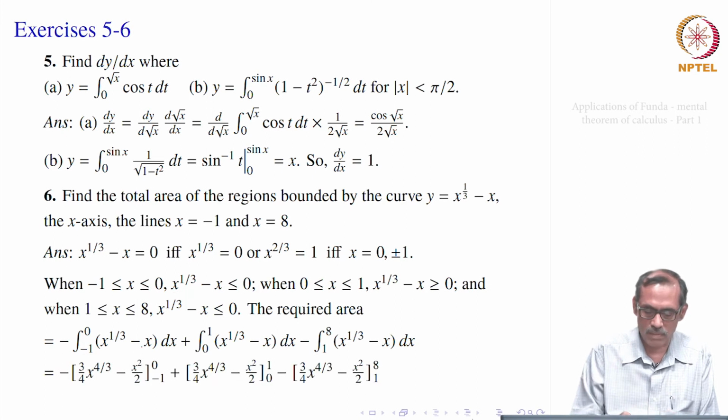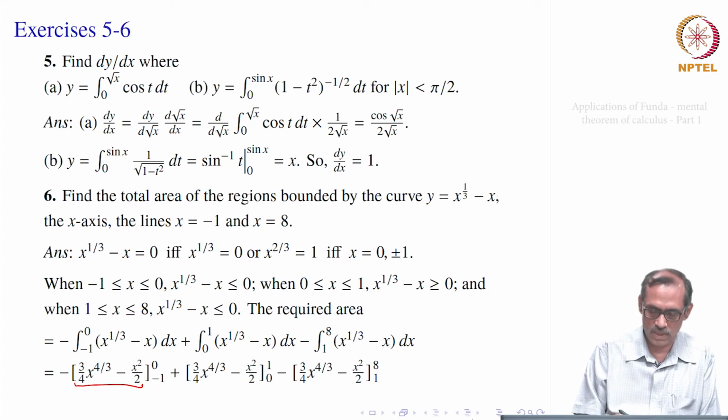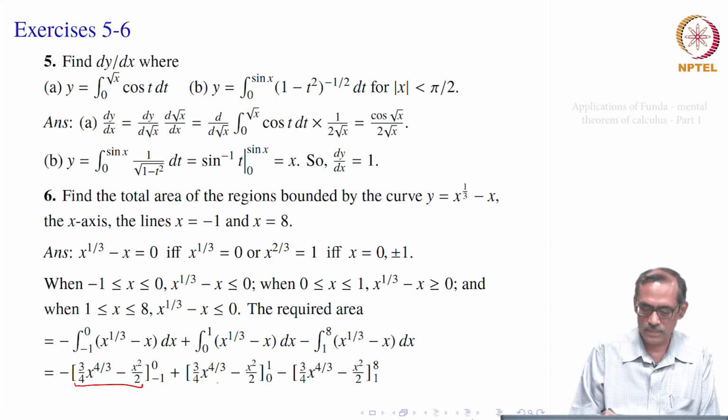Now, x to the power 1/3 minus x has the indefinite integral as this, because if you differentiate this, it is becoming x to the power 1/3 and this gives x. So, this is the indefinite integral. As it suggests, we have to take minus of this evaluated at 0 to -1 plus that evaluated at 1 and 0 and minus that evaluated at 1 to 8.